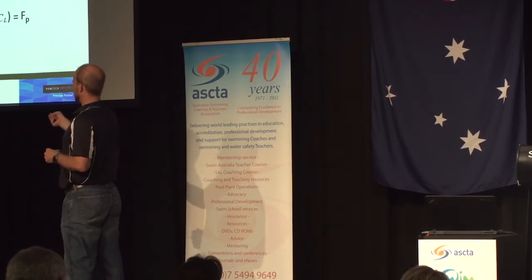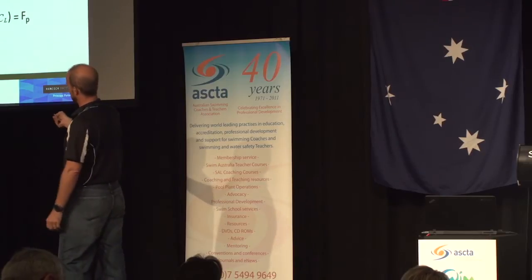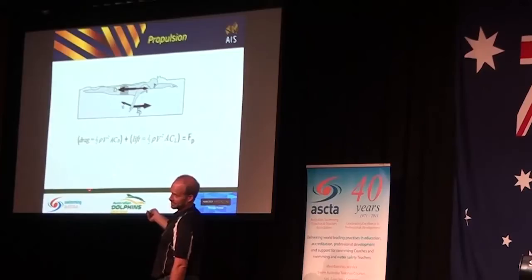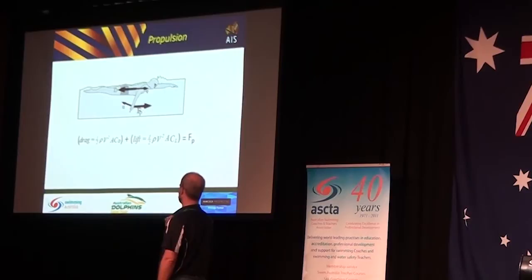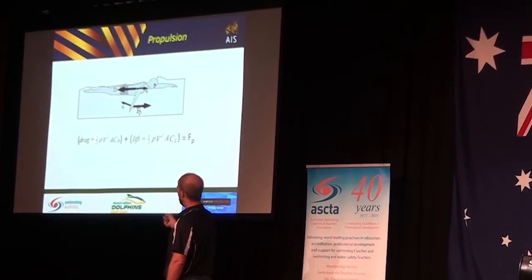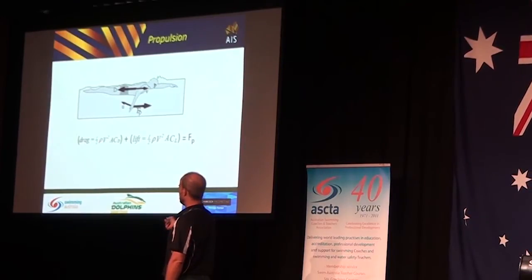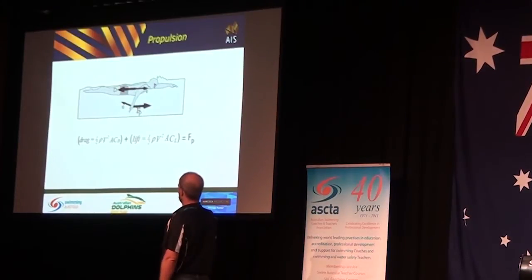Because really, that drag component, which is defined by that equation, may look kind of scary, but it's not that bad really. You will probably run across that equation somewhere in reading something about swimming propulsion. So half is pretty self-explanatory. Rho is the density of the water, which is a constant based on the temperature of the water, so that's pretty stable. V is the velocity squared.